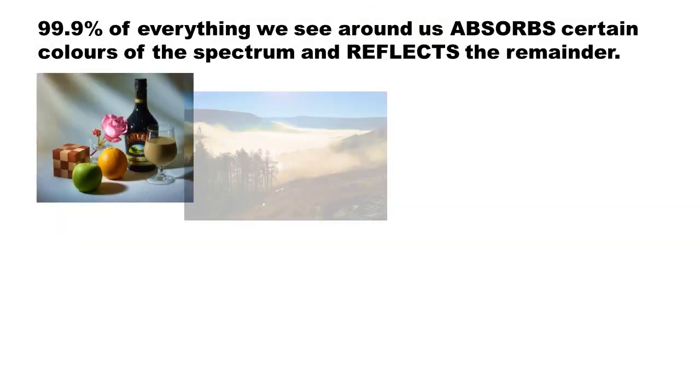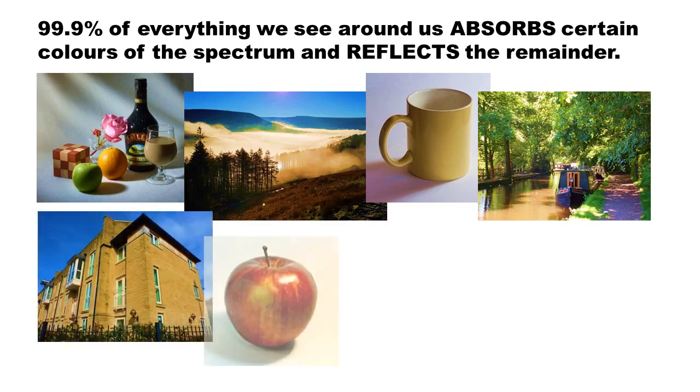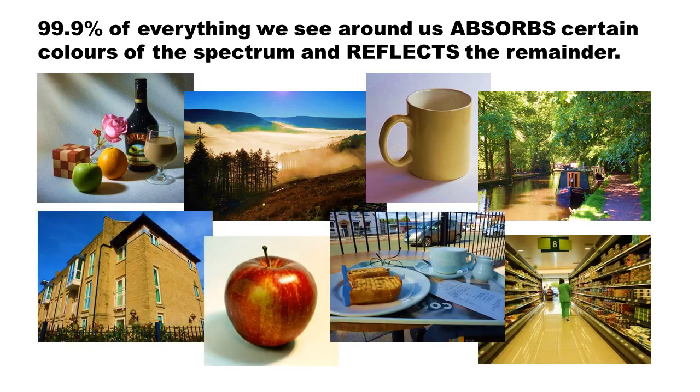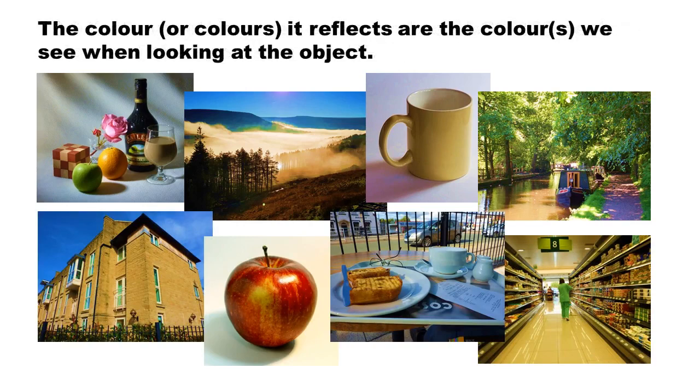So 99% of everything we see around us absorbs certain colours of the spectrum and reflects the remainder. The colour or colours it reflects are the colours we see when looking at the object.